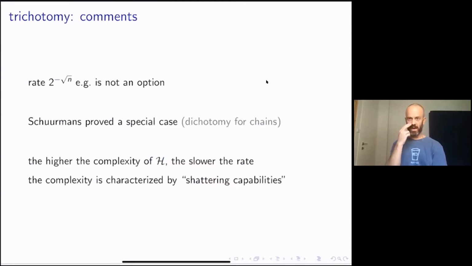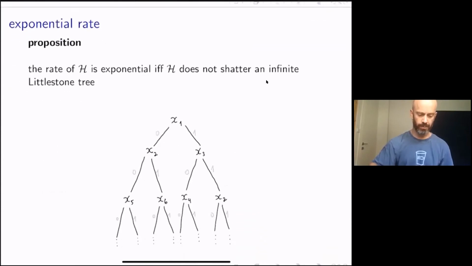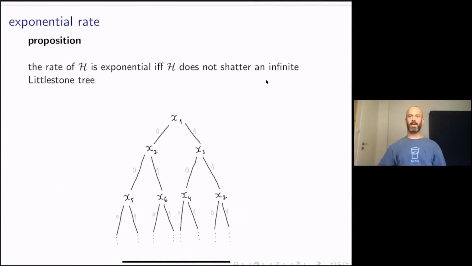Okay, so now I want to explain a little bit about the proof. So here I'm going to explain how you prove and analyze the exponential rate. The claim here is that the rate is exponential if and only if this class of functions, H, does not shatter an infinite Littlestone tree.